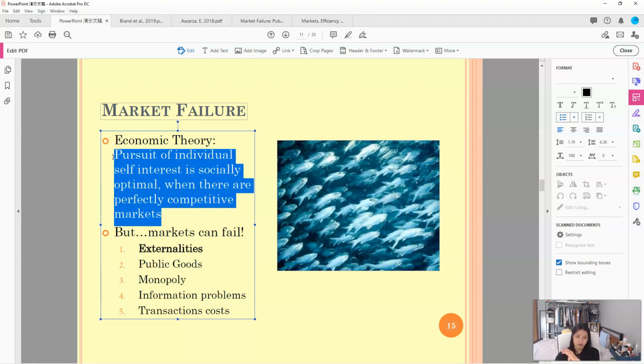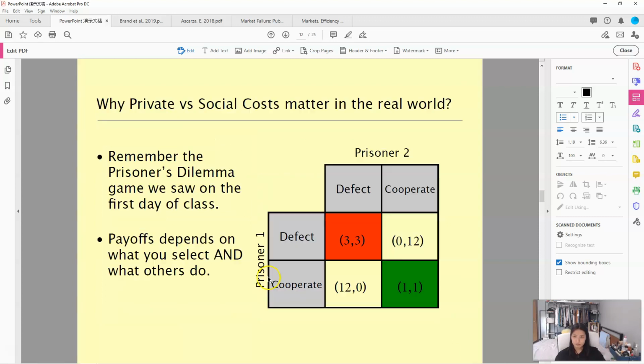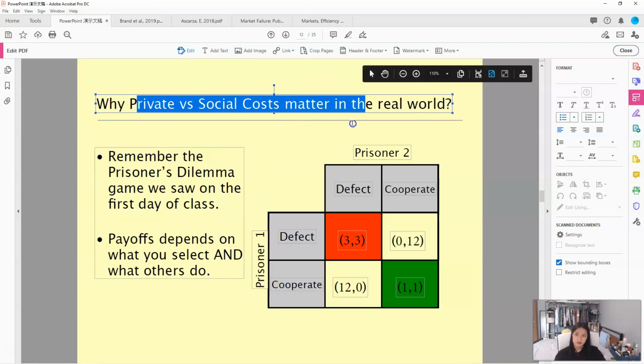So when there is no perfectly competitive market, our personal optimal level of supply and demand may not be socially optimal.